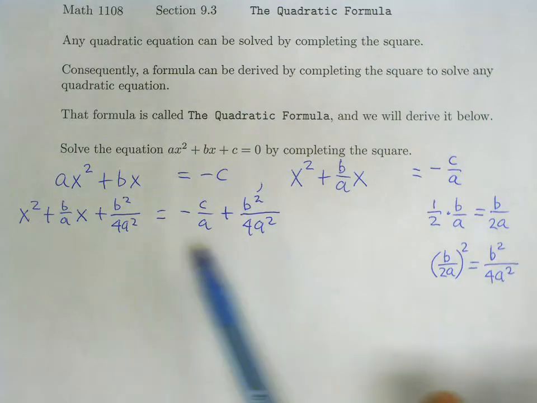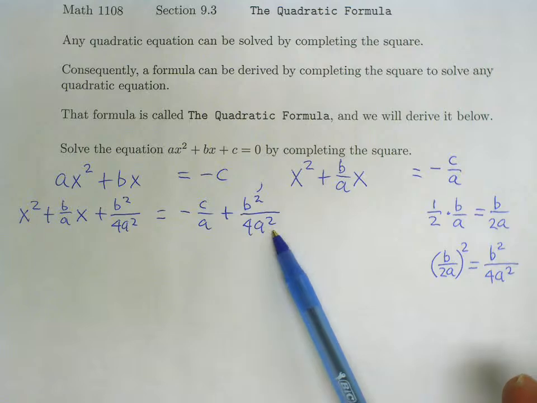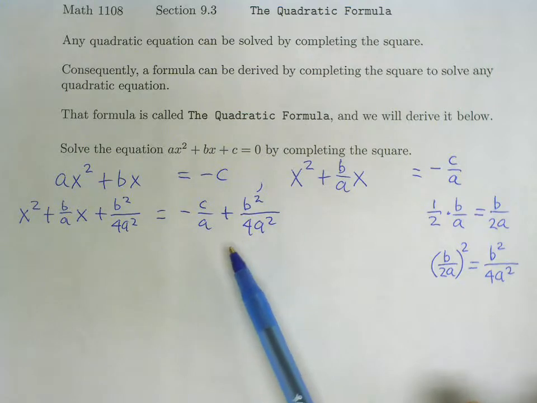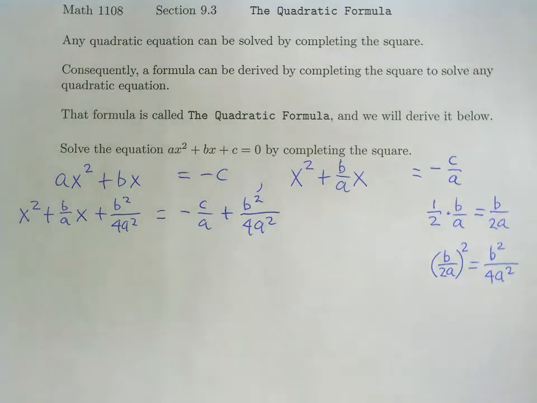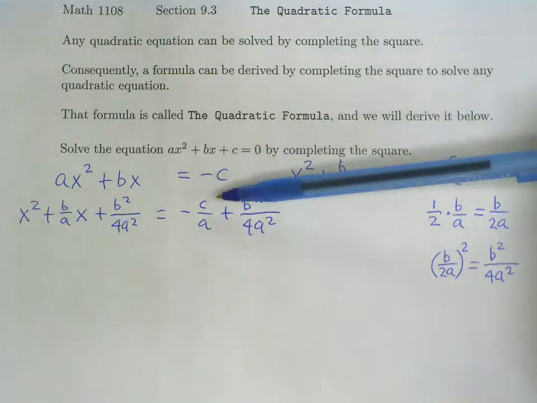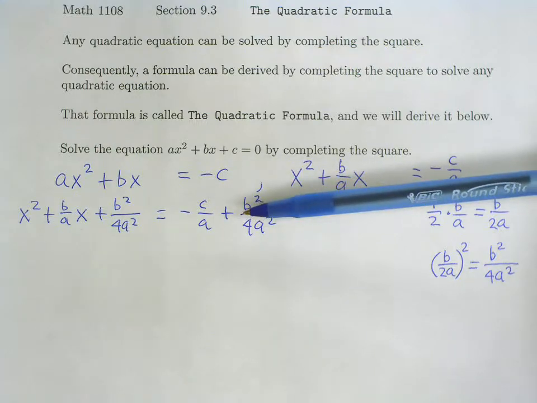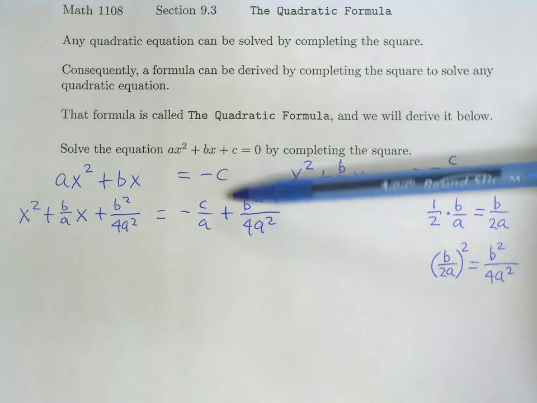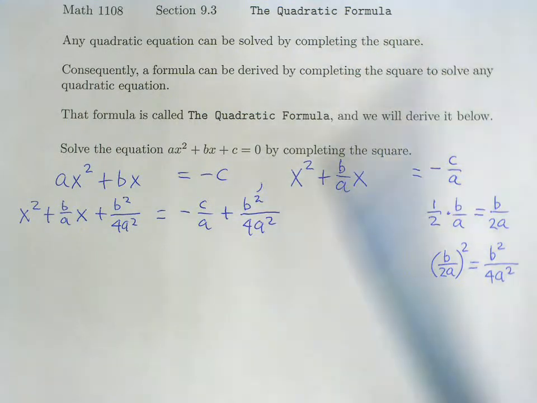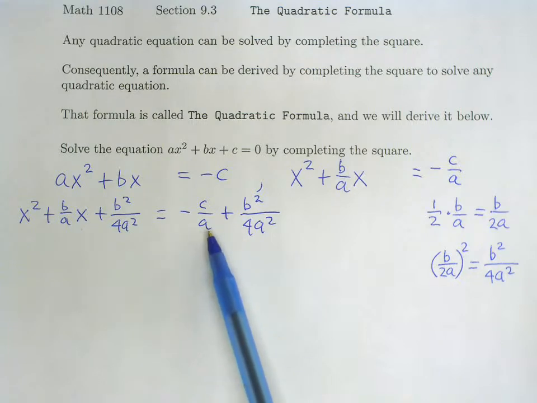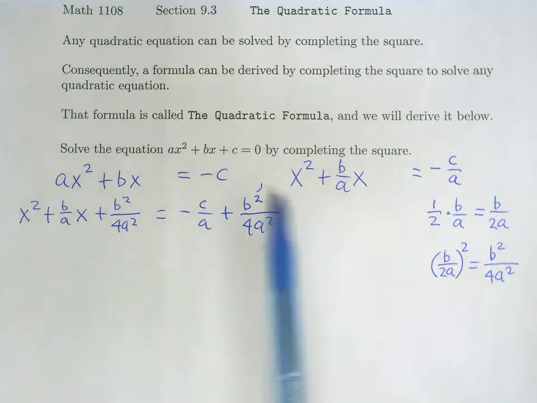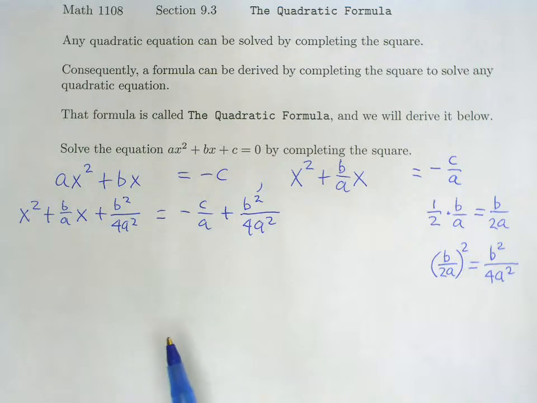So the least common denominator is 4a to the second. So in the next couple of steps, we'll have to multiply negative c over a by 1 in the form 4a divided by 4a, because in the denominator a times 4a is the same as 4a to the second. Okay, we'll do that in a few seconds.